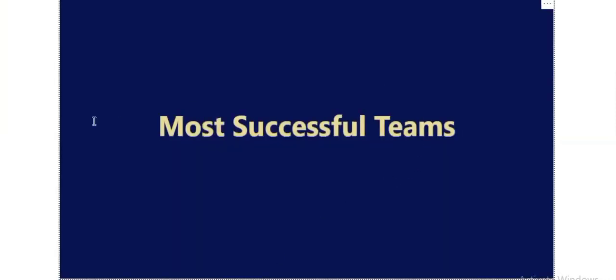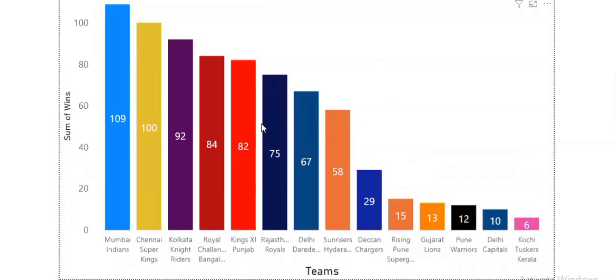Now this shows us the most successful team. It's basically a stacked bar graph. On the x-axis are the teams which are part of the IPL, and on the y-axis is the number of wins, how many times the team has won.